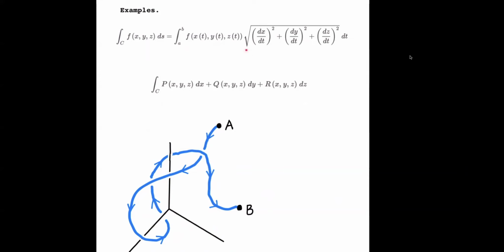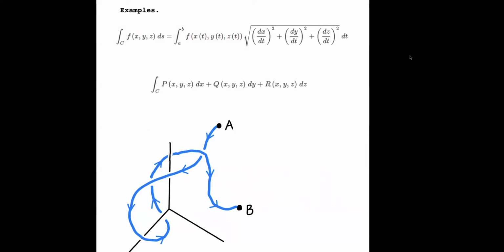So this piece here is the speed times dt. This gives us ds. We replace x, y, and z by their definitions in terms of t, and then this abstract integral over the curve c becomes a concrete integral over a line segment from A to B.